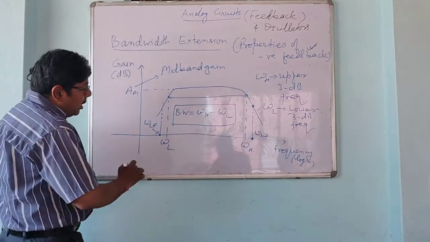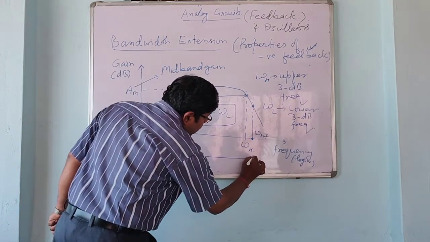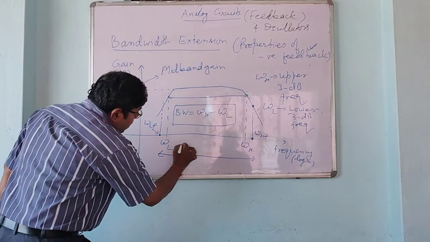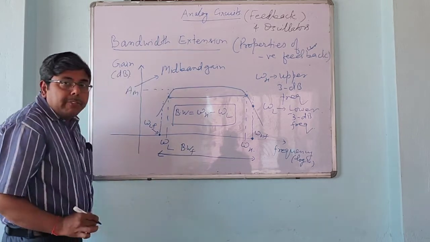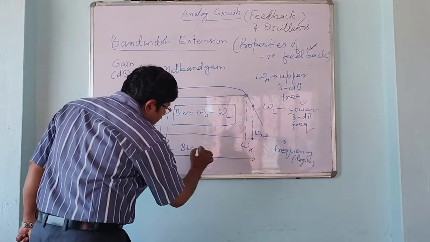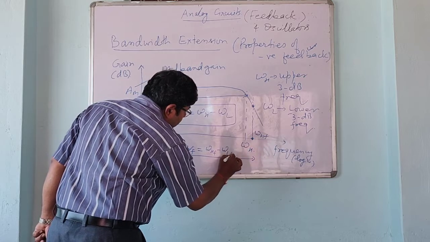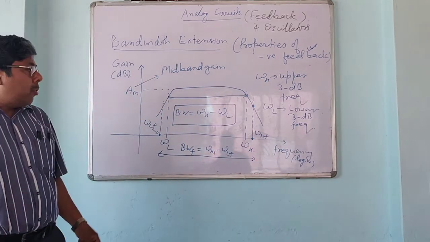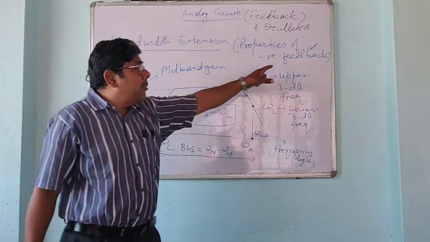So obviously when upper 3 dB frequency is increased and lower 3 dB frequency is decreased, then bandwidth with feedback is given by omega hf minus omega lf. So range of this frequency is increased by using feedback.